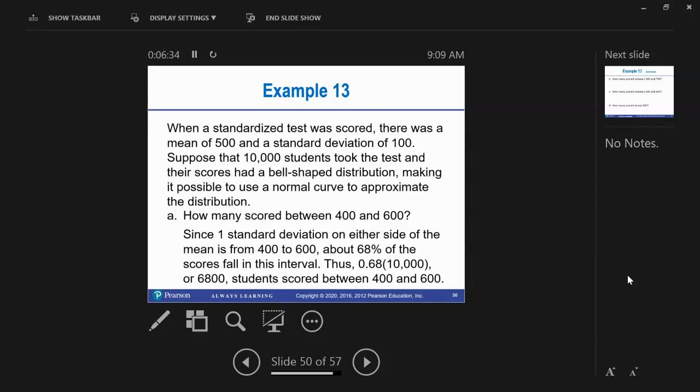Draw this here. So this was my 500. This was 600, 700. This was 400, 300. So everybody see how I figured out what those lines were? If this had told me that the mean was 20, I'd put a 20 there.